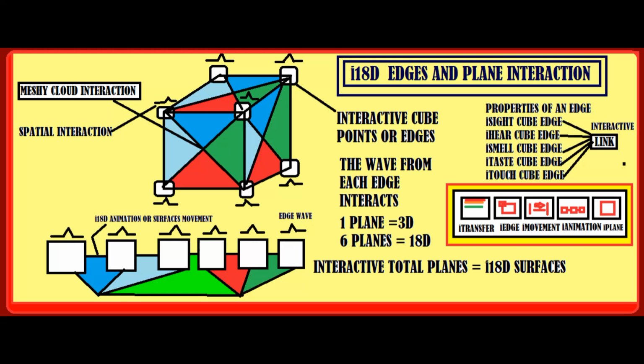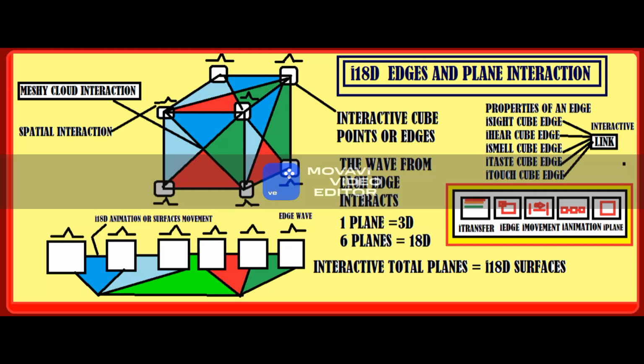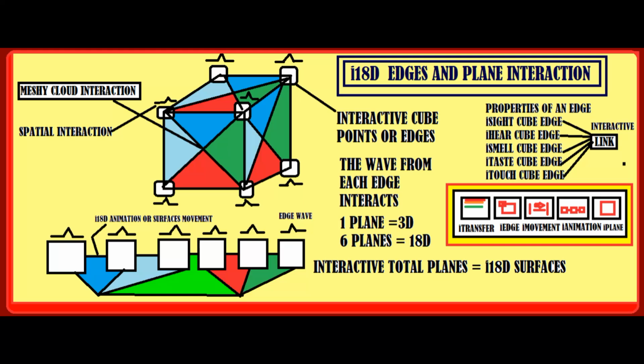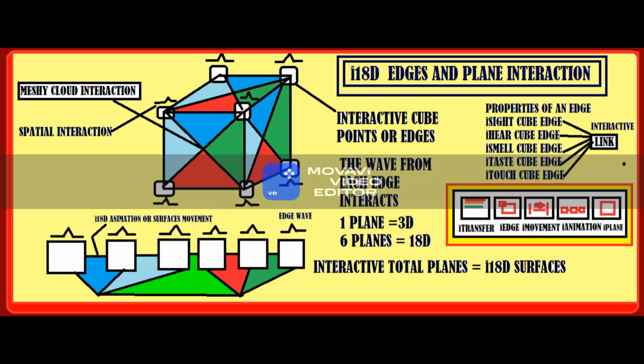But since we have i18D, which is 18 dimension, we can actually say something. These 6 dimensions, on these 6 planes multiplied by 3 gives us our 18 dimensions.